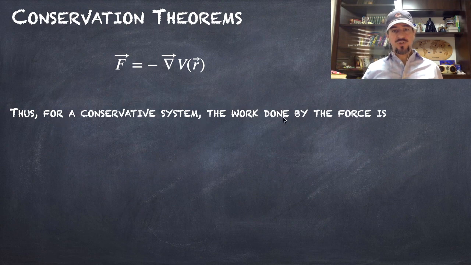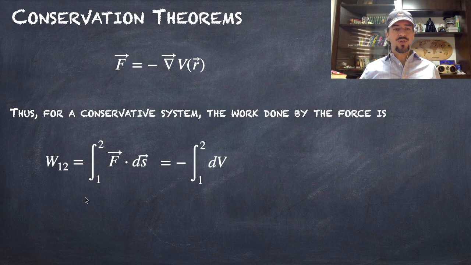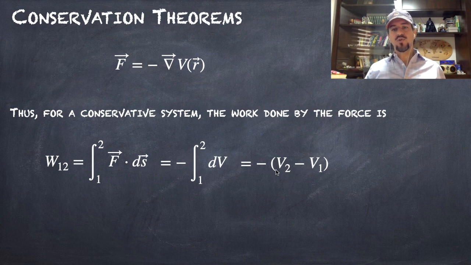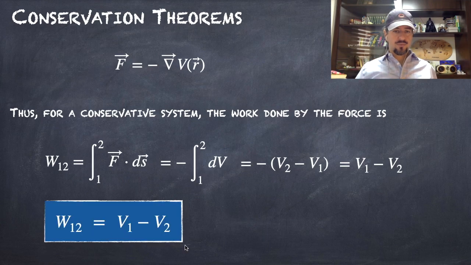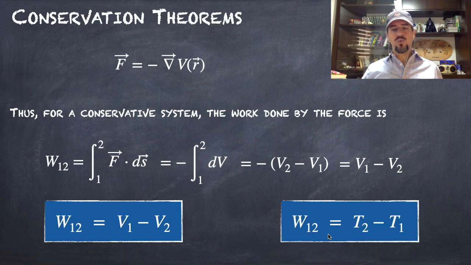For a conservative system, the work done by the force, if we use this expression for the force, will be minus the integral from 1 to 2 of dV, which is V2 minus V1. And the result, the work, is going to be V1 minus V2. This is our result here, and we already got this result: the work is the difference of the kinetic energy.